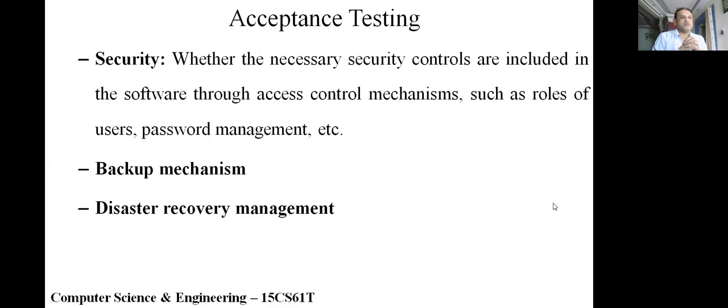So these are the things we will be doing in acceptance testing. Security: whether the necessary security controls are included in the software through access control mechanisms such as roles of the user, password management, etc., backup mechanism, disaster recovery management. So these are the things we do in acceptance testing.